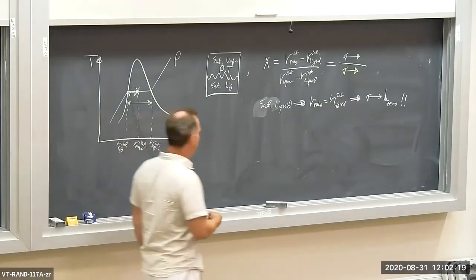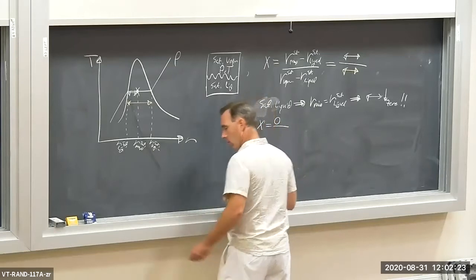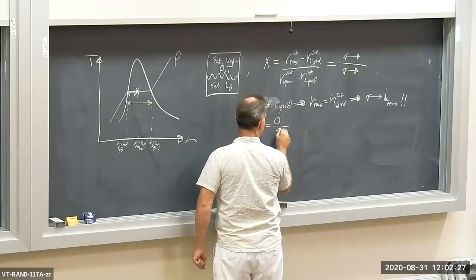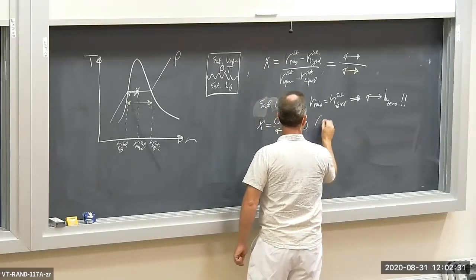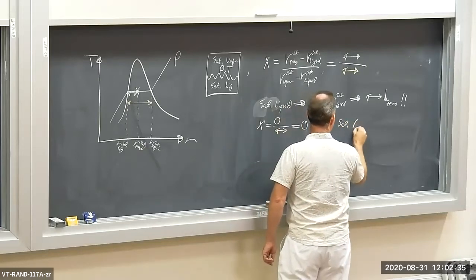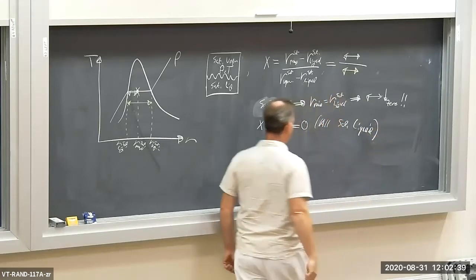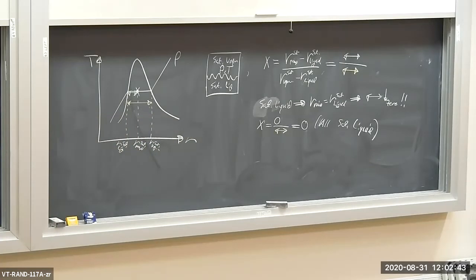And that implies quality equals 0 over the yellow line, or 0. All saturated liquid. So if x equals 0, it means we have no vapor, it's all saturated liquid, okay?